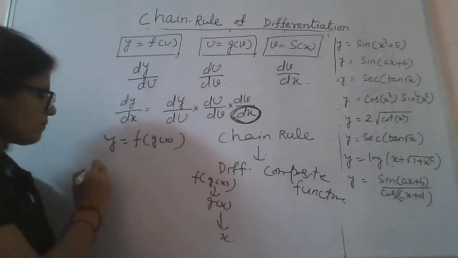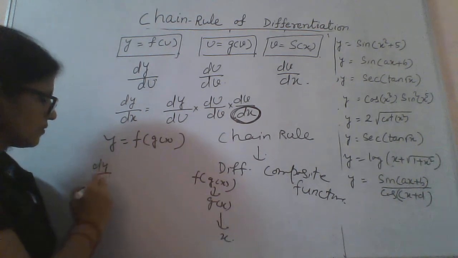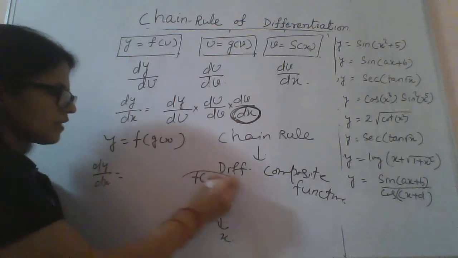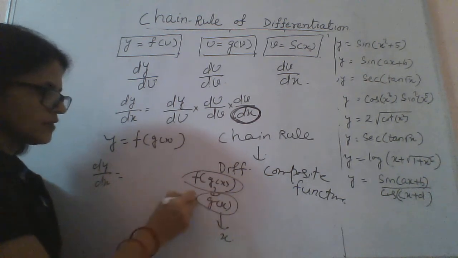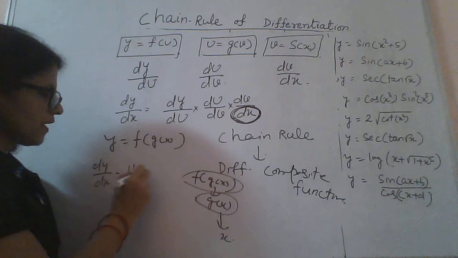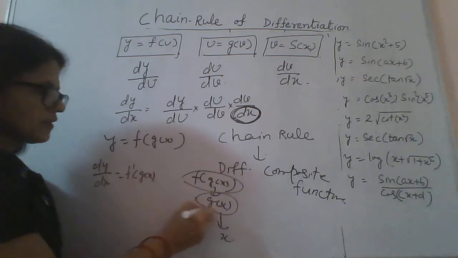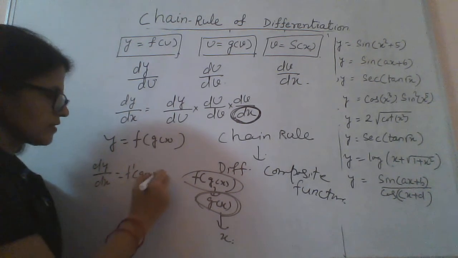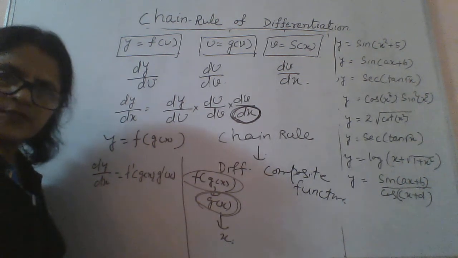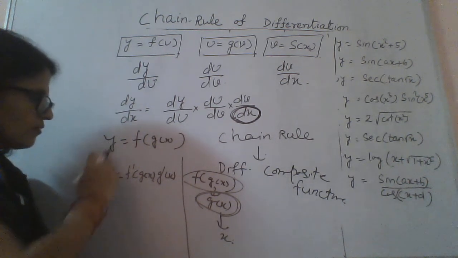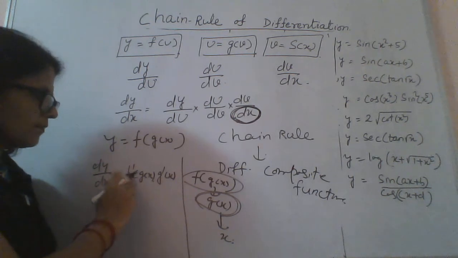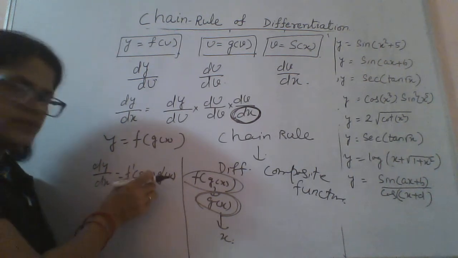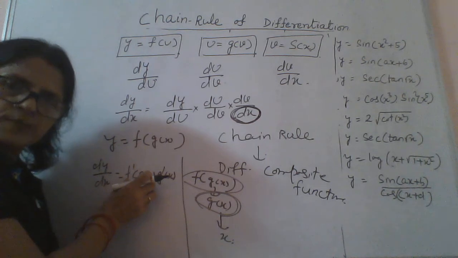Now dy by dx will be the derivative of this with respect to this, meaning f dash g x, then g x with respect to x, meaning g dash x. So the basic principle in chain rule is: dy by dx is f dash g x, the derivative of f of g x, into g dash x, the derivative of g x with respect to x.